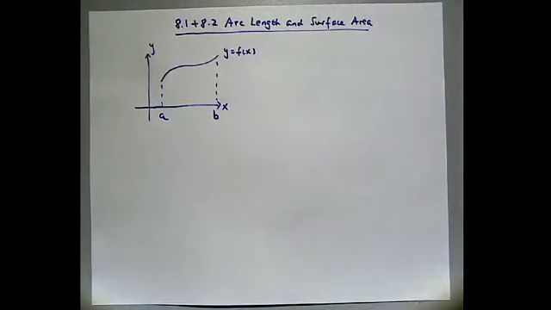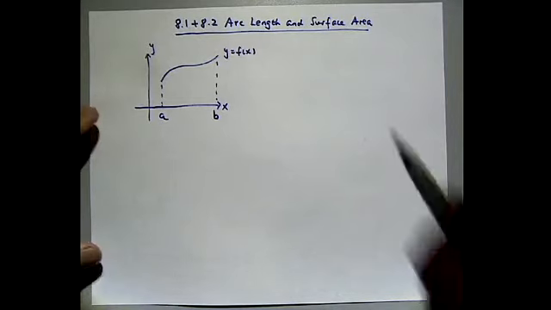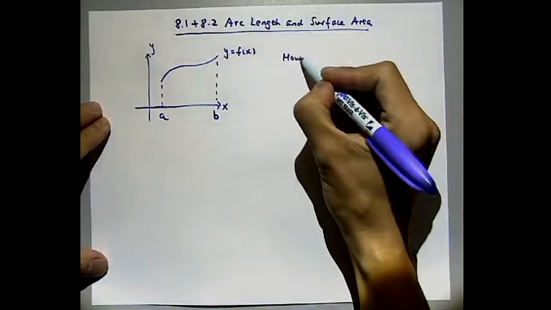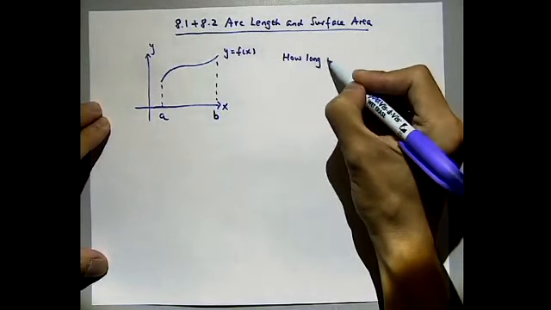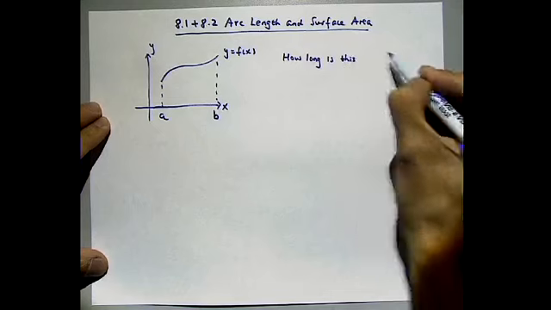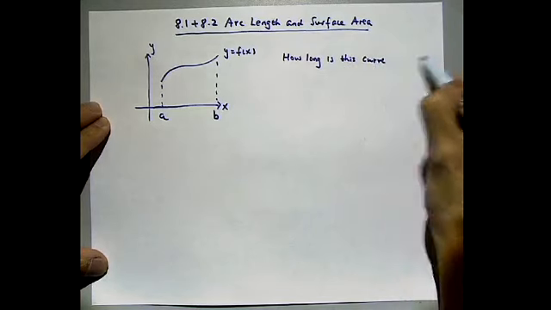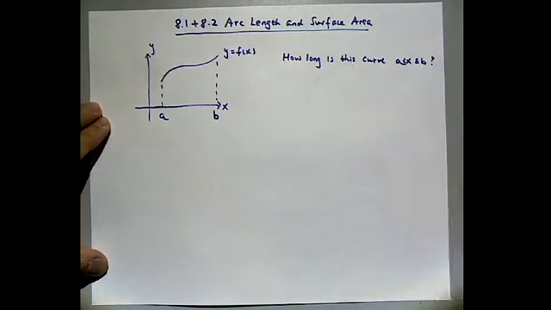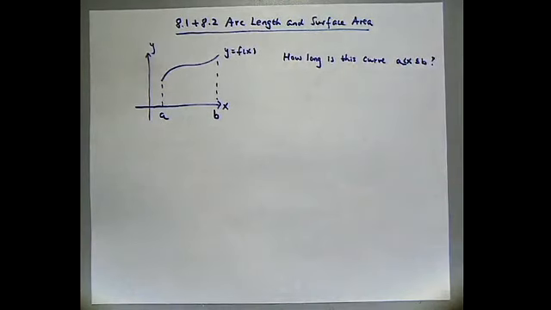Okay, so we know how to calculate the area under the curve. That we already know. It's simply an integration. Today we're going to ask a different question: how long is this curve between x equal to a and x equal to b.